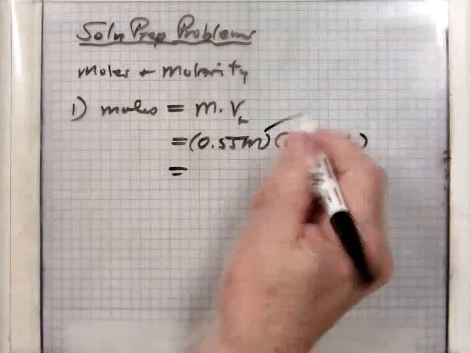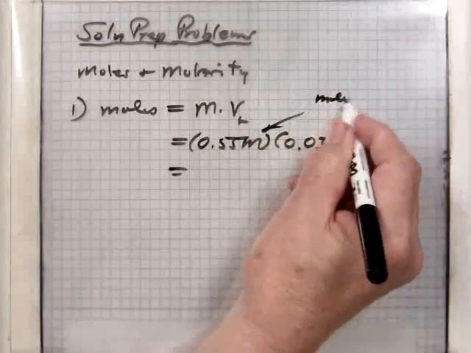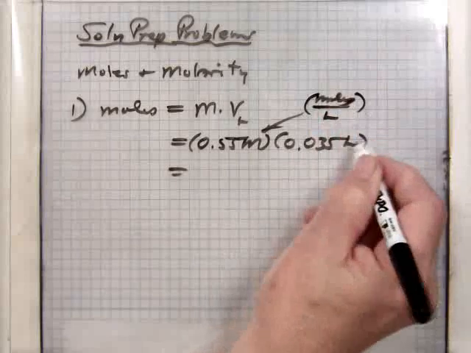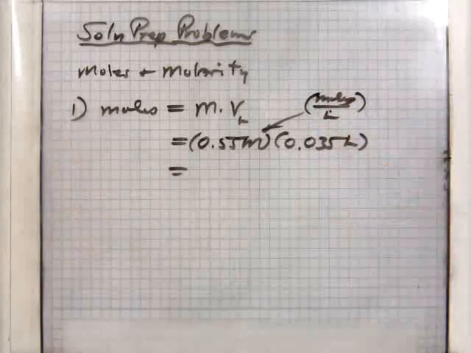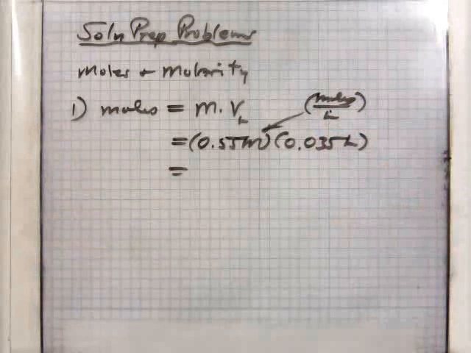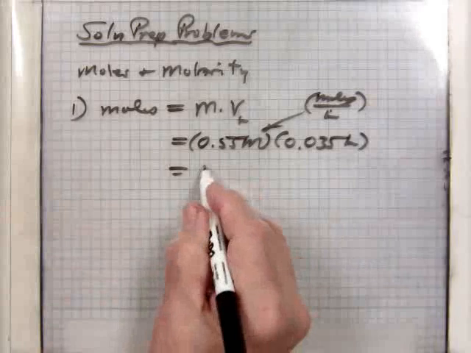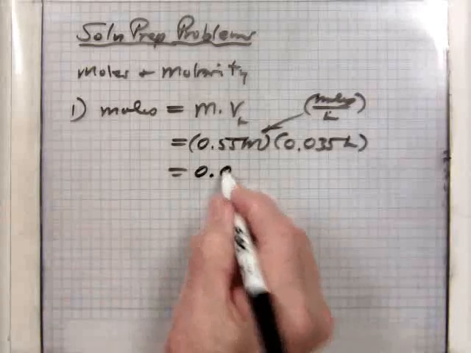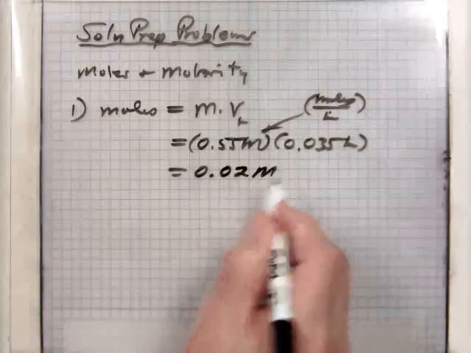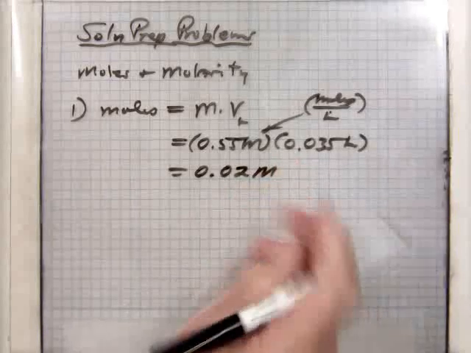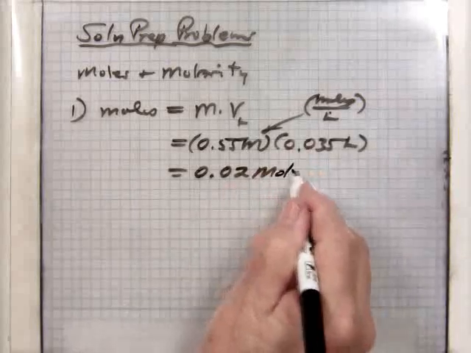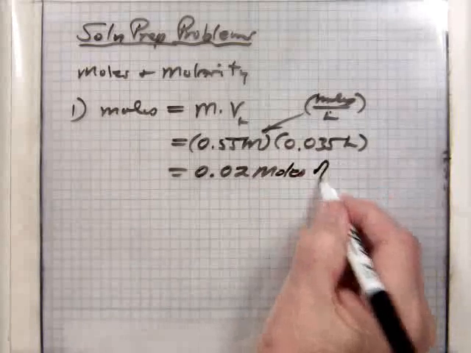And remember that molarity is moles over volume in liters, so liters will cancel out in that case, leaving you with the appropriate number of moles. And I get 0.019 moles of solute.